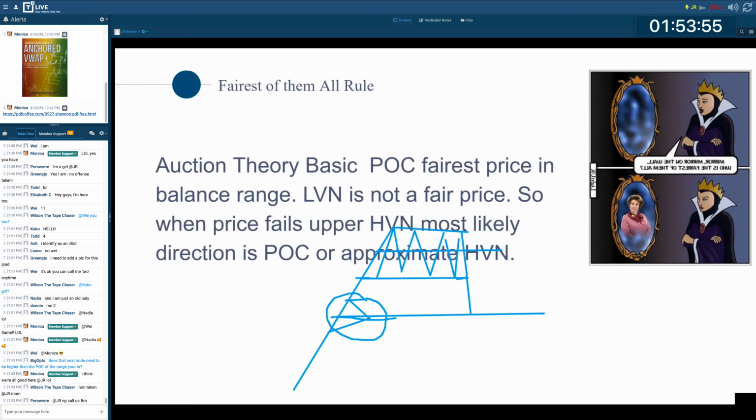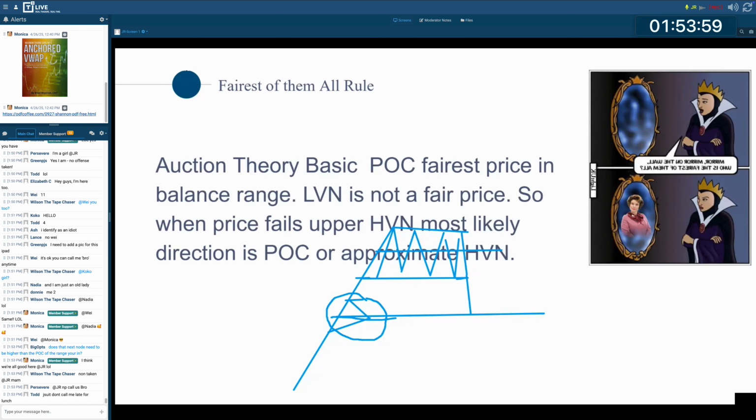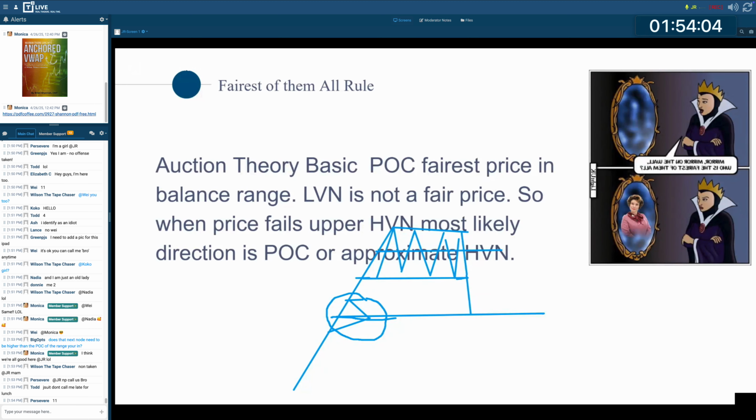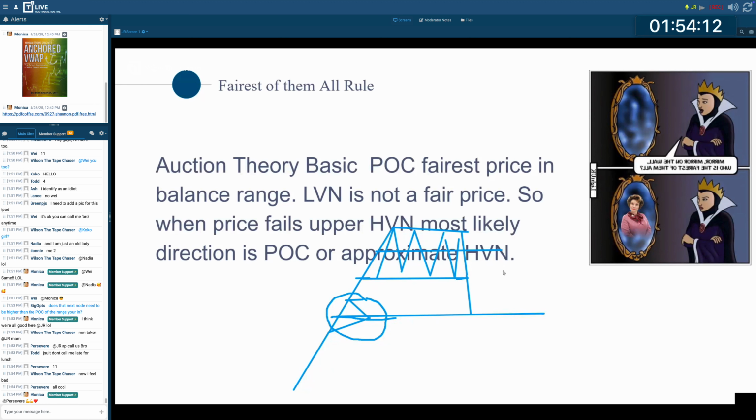Nice, Wilson Chase. Persevere, you're also a girl. Jeez. Okay. Anyways, so they're among us, despite the utter vulgarity of this room. I don't know how you guys put up with this circus. All right.